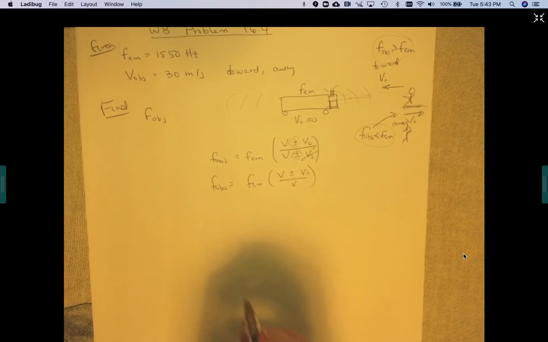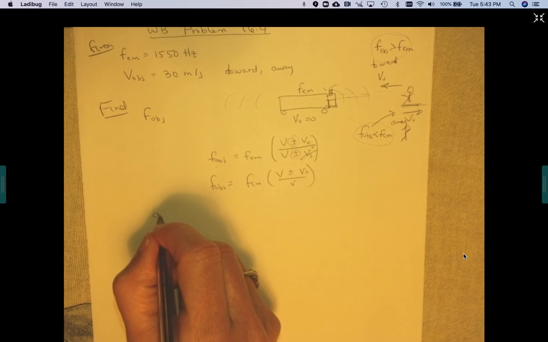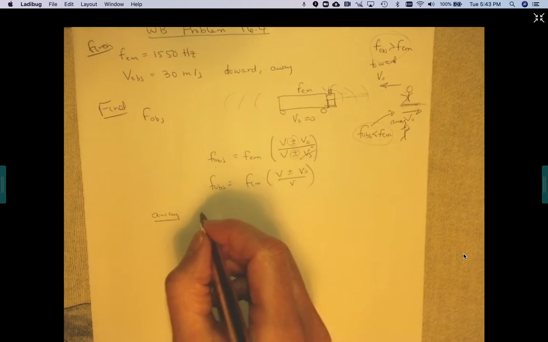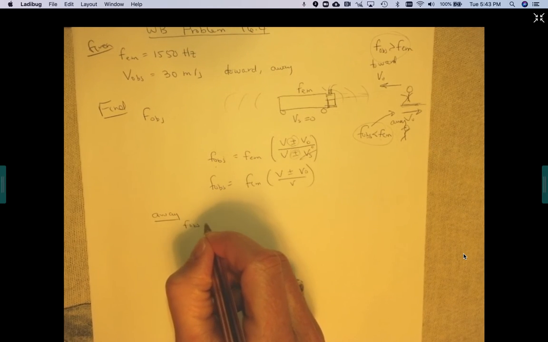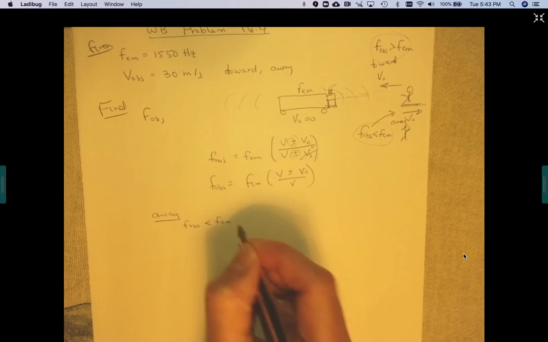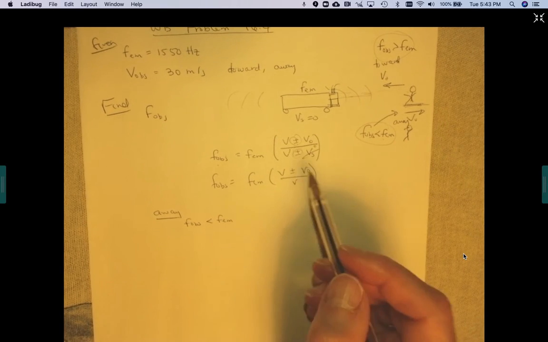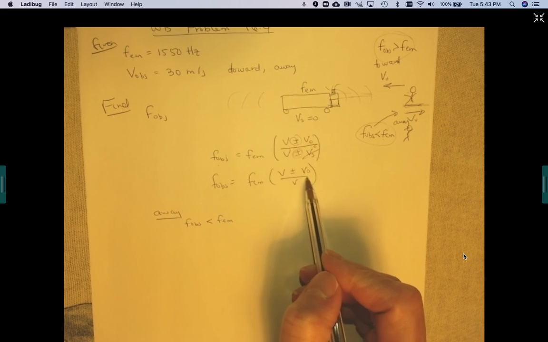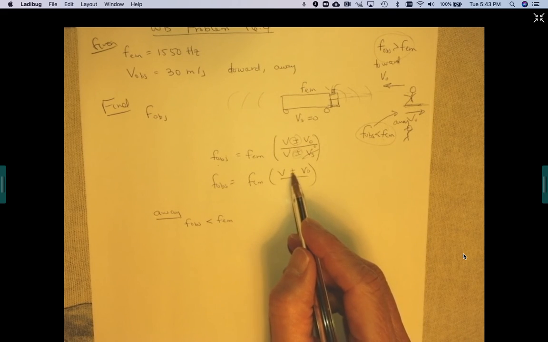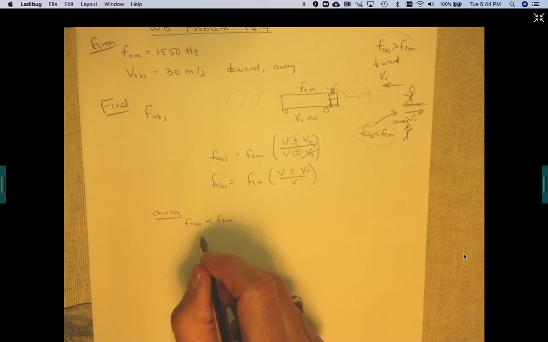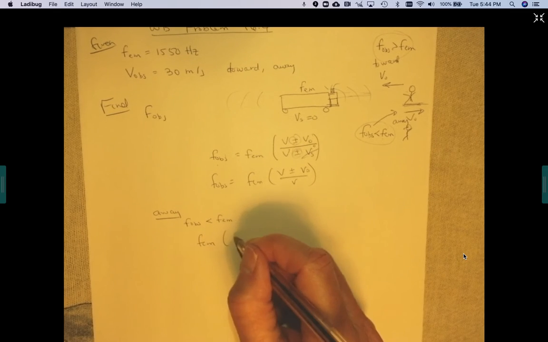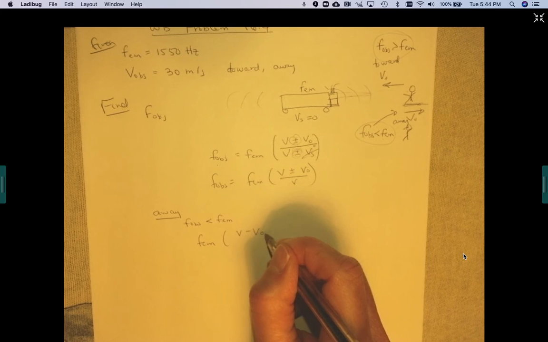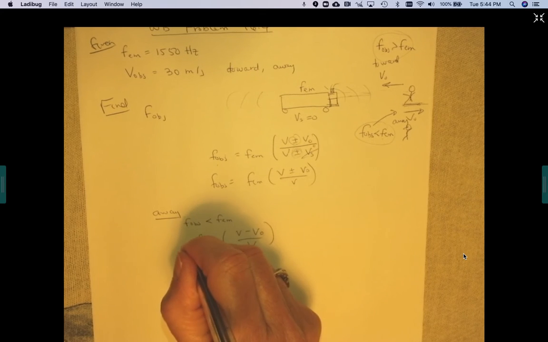Okay, so let's think about moving away. When we're moving away, the observed frequency should be less than the emitted frequency. If we want this to be less, this fraction has to be less than 1. So we need the minus sign. We want our numerator to be less. So F observed is F emitted times V minus the velocity of the observer, divided by the speed of sound.